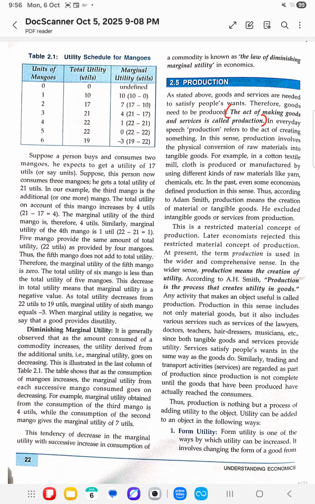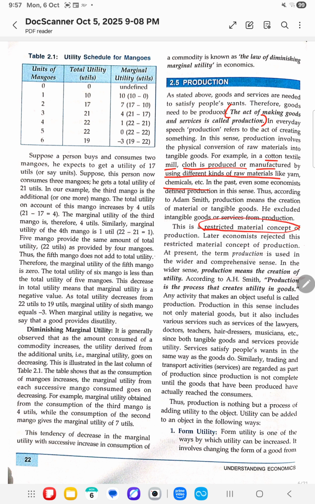So anything that is in the process of being made is called production, right? For example, in a cotton textile mill, cloth is produced or manufactured by using different kinds of raw materials like yarn, chemicals, etc. Right? But this definition gives a very restricted materialistic concept of production.